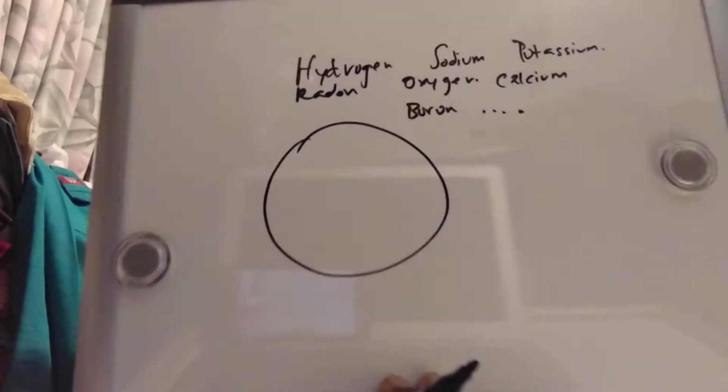You have potassium, calcium, oxygen, radon, boron, etc. So the circle is going to stand for hydrogen at least.